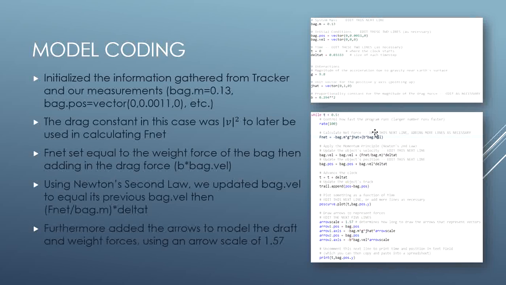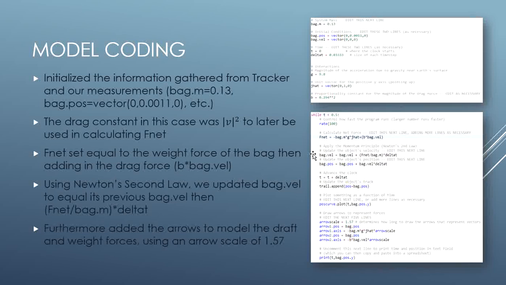So as you can see down here, we're including the net force of the bag. So that's going to be Newton's second law, right? You have the mass times the gravity in the direction of the fall. And then this part is accounting for the drag force or turbulent drag acting on the bag. So then we take that and apply it for the change of velocity.